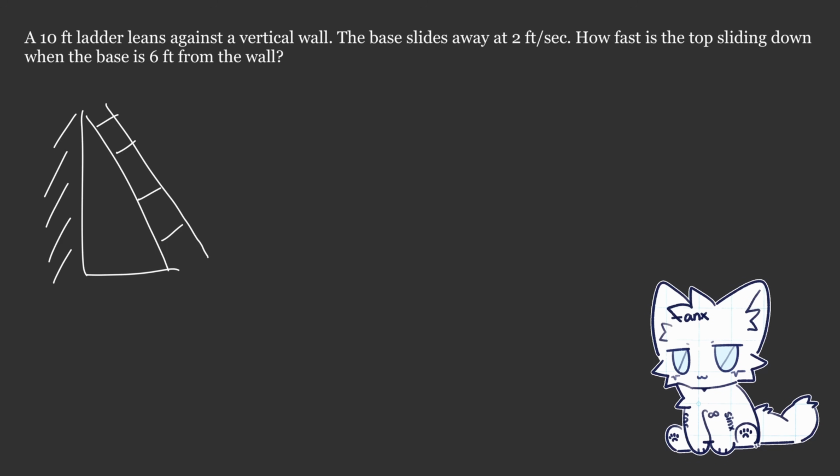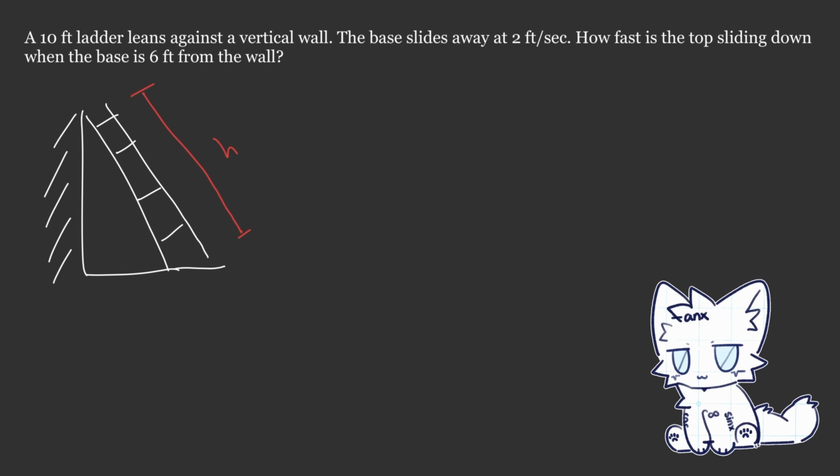Okay, well, this ladder is 10 feet tall, so let's immediately write that out. We can label that as a height h, and I got that before I even continued reading the whole problem. So a 10-foot ladder leans on a vertical wall.